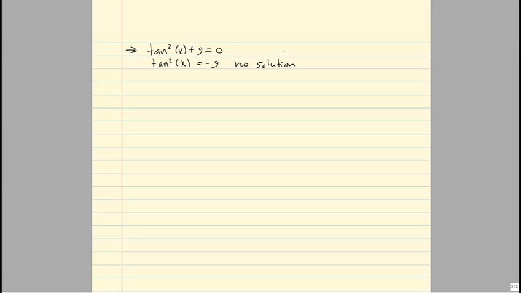And the reason there's no solution is, what number can you square and get a negative 9? You might think, well, what about 3? Well, 3 squared is equal to a positive 9, and you might say, well, what about a negative 3? Well, that's negative 3 times negative 3, which is another positive 9. So I can't get the negative 9 that I need out of this, so it's no solution.